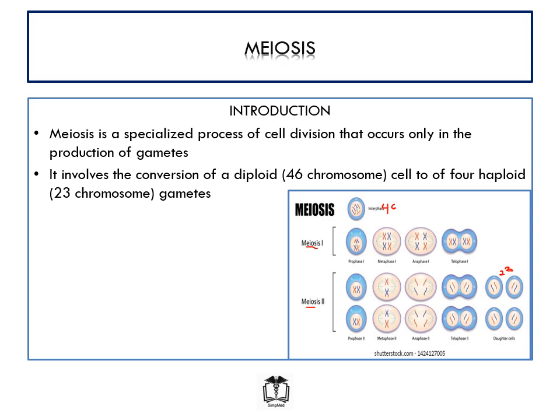Mitosis is known as a duplication division because we go from 46 chromosomes in the parent cell to the same 46 chromosomes in the daughter cell. But in the case of meiosis, it's known as a reduction division because we go from 46 chromosomes in the parent cell to 23 chromosomes in the daughter cell.